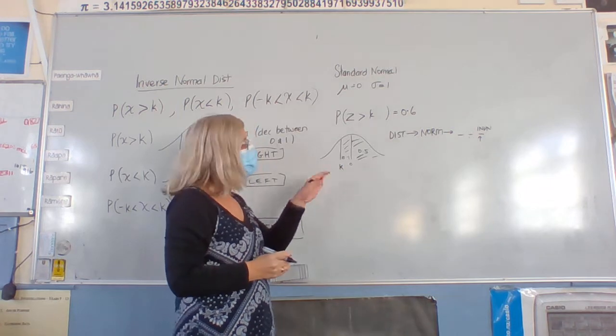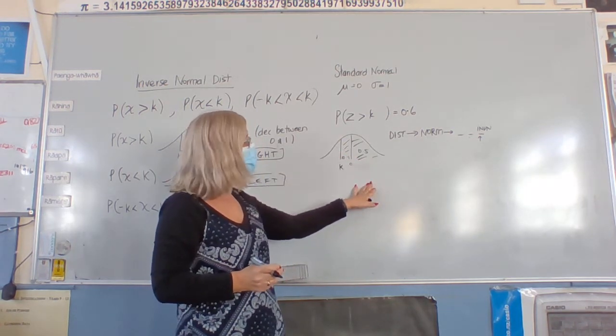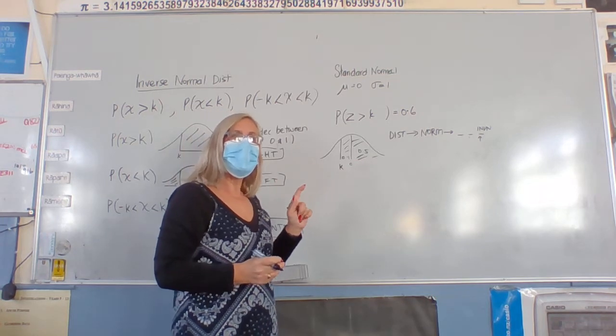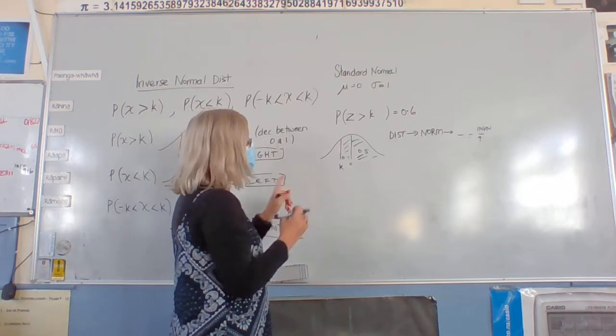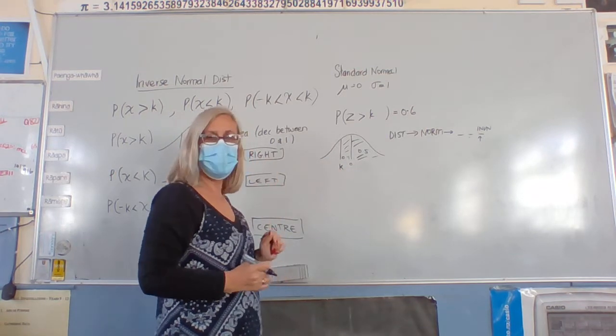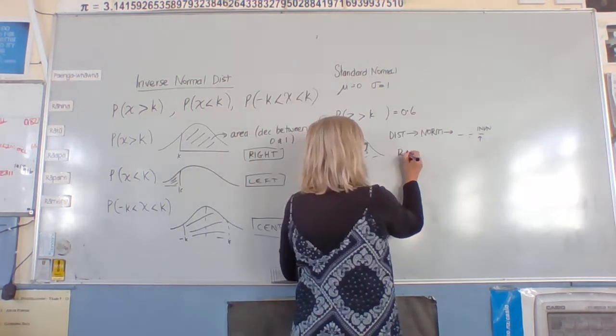When that comes up, it's got a whole list of things you have to fill in again. It always asks for which side are you looking for first. There's three things at the bottom: right, left and centre. In this case, we want right.